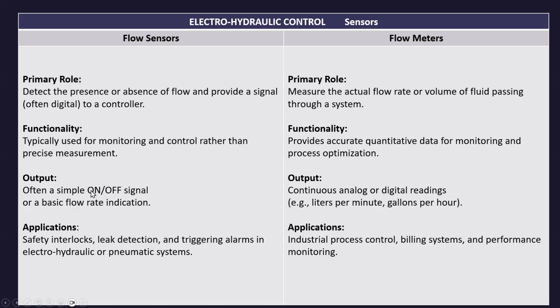The sensors will tell you something is happening, and this one here is going to tell you how much of it is happening, or how fast things are flowing. What's the flow rate? For example, liters per minute or gallons per hour. Some examples of applications: industrial process control, billing systems, performance monitoring, and all that stuff.